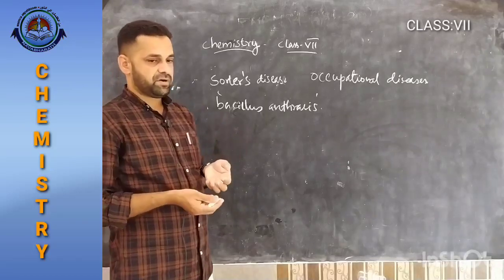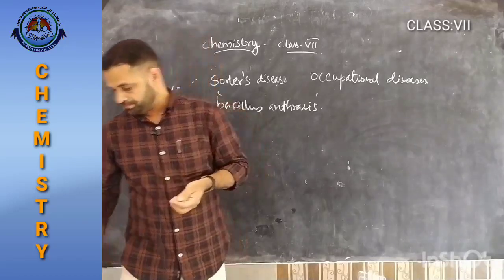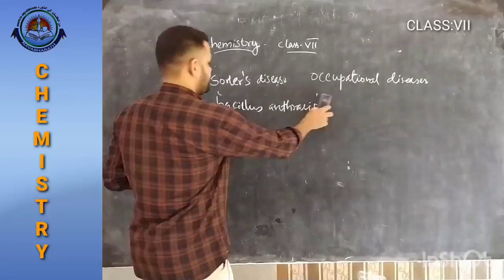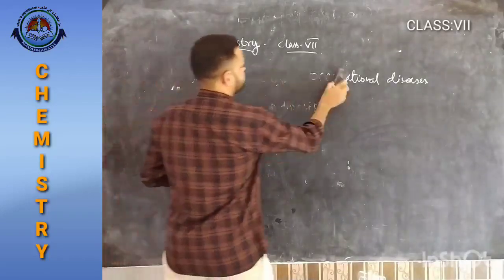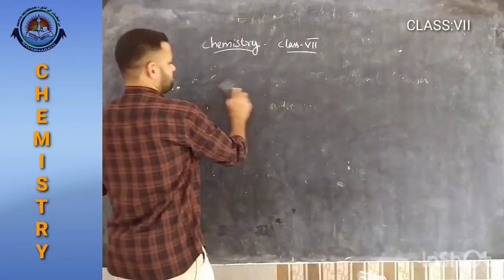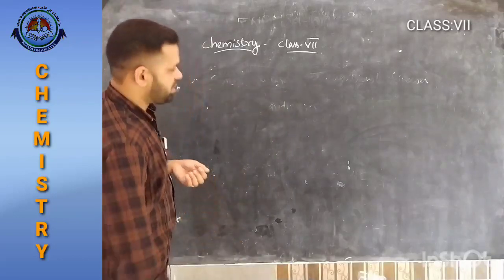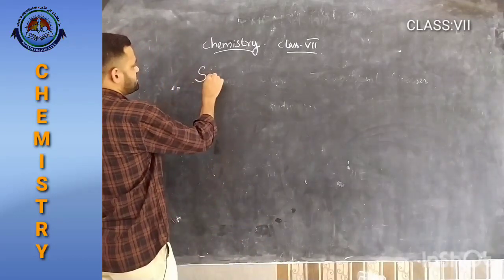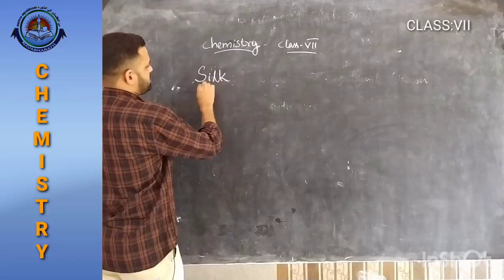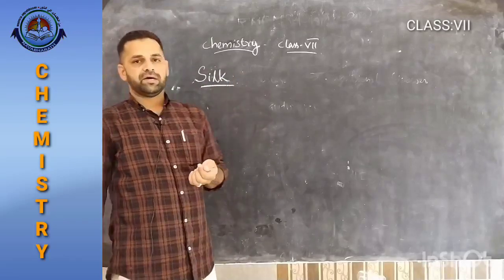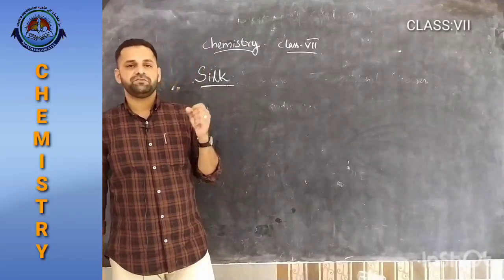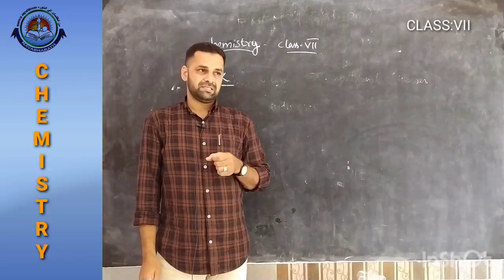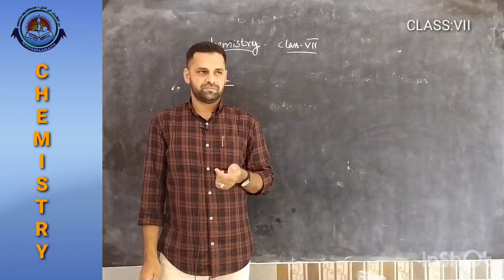In this class we are going to discuss silk, another animal fiber. We know silk is obtained from silkworms, from the cocoons of the silkworms.